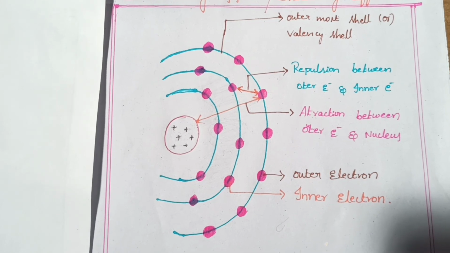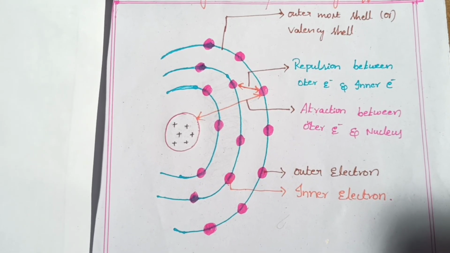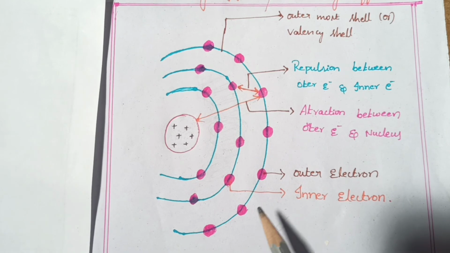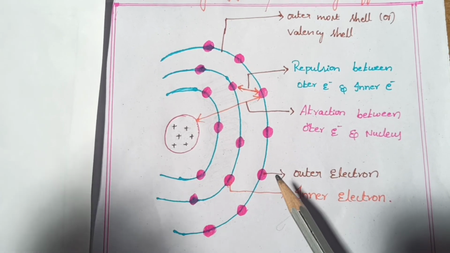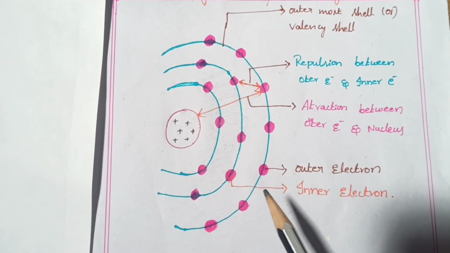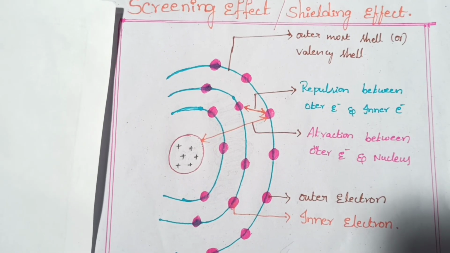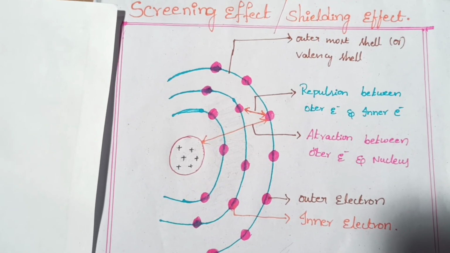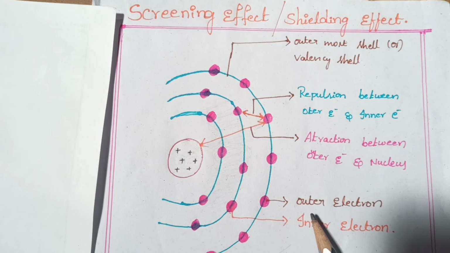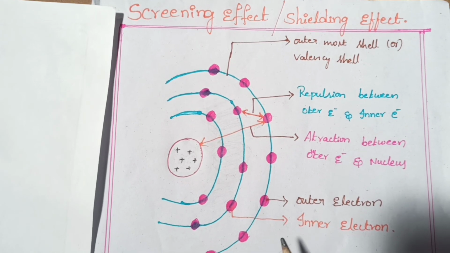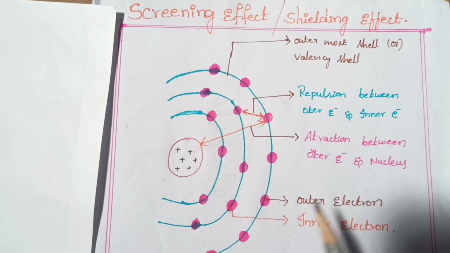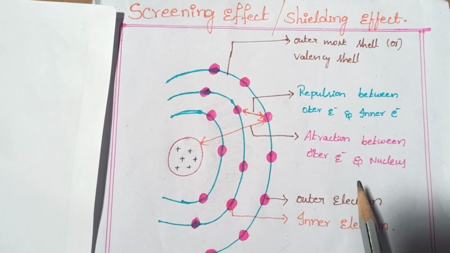The screening effect calculation I will upload again. This is our screening effect class, so please focus on the shielding effect and screening effect. These calculations I will upload in the next video.